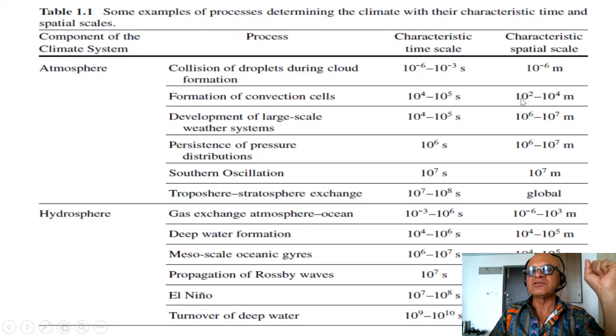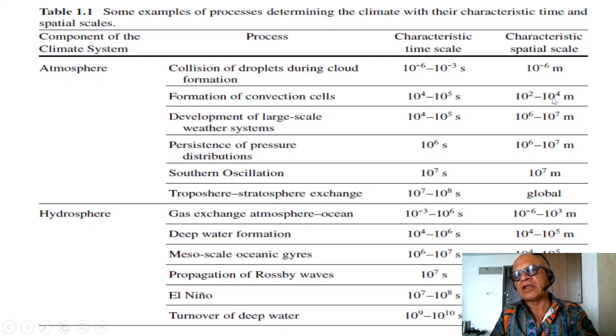Characteristic spatial scales, 100 meters to a kilometer, 10 to the 4 meters is 10 kilometers. Development of large-scale weather systems happens on 10 to the 4 to 10 to the 5 seconds, so hours to days, and happens on basically regional to planetary scales.